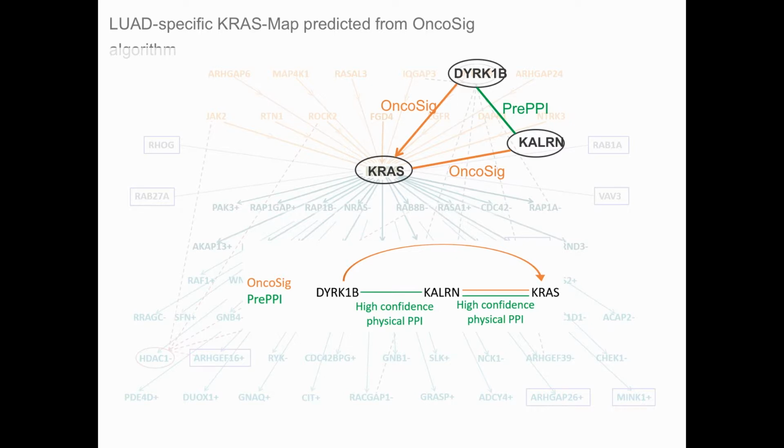But if we just run PrEPI alone on the proteins of interest, we come up with a predicted physical interaction between DYRK1B and a protein called calorin. So this allows us to add a physical basis for the connection between DYRK1B and KRAS.